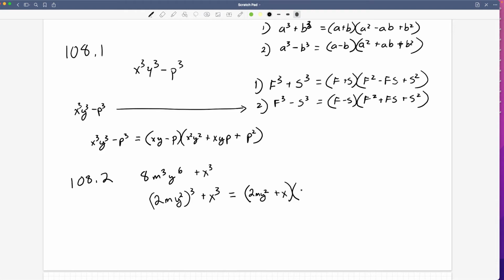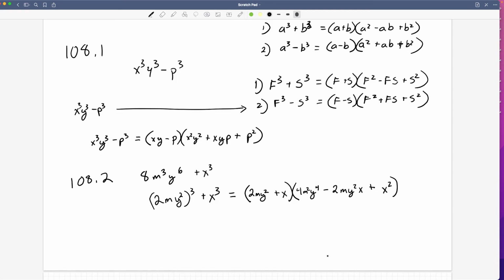So the square of this would be 4m squared y to the 4th, minus the first and the second multiplied by each other. So that would be minus 2my squared x, plus the second thing squared. So x squared. All right.